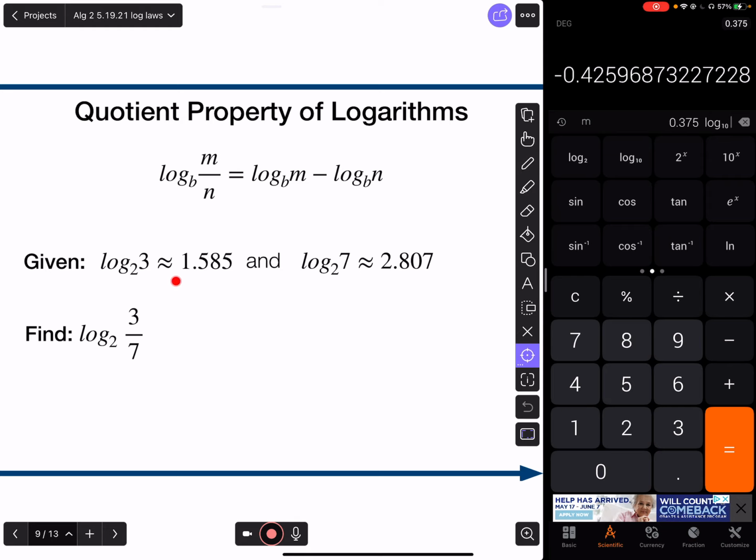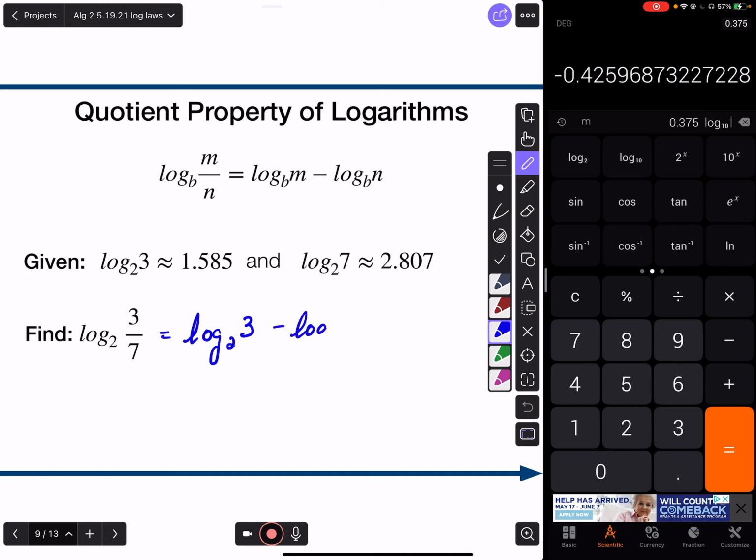We have the same challenge down below here. They tell us what log base 2 of 3 is and what log base 2 of 7 is. They say figure out what the log base 2 of 3/7 is. That is a straightforward apply-this-law. Rewrite it as log base 2 of the numerator minus log base 2 of the denominator.